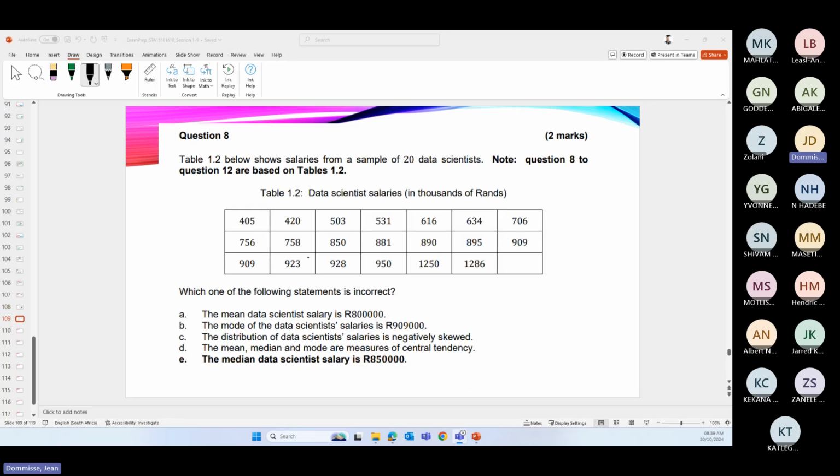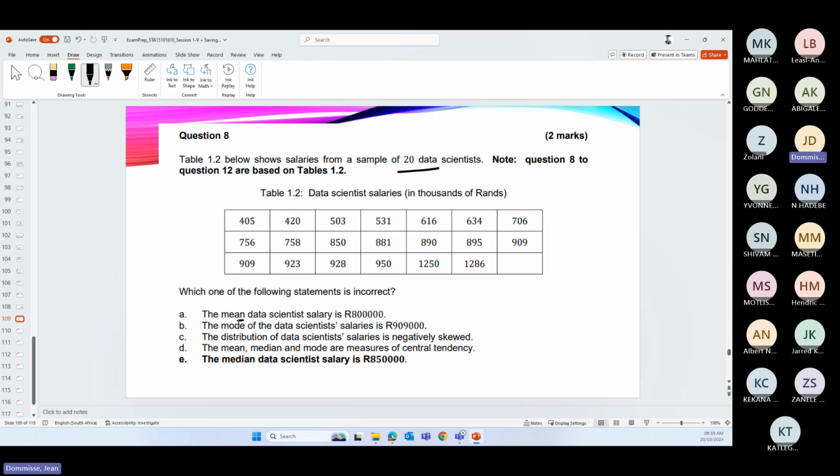Okay, one more on this, so that then we can move over to the next study unit. Question 8. This one was an interesting one, because there are about 20 data points.